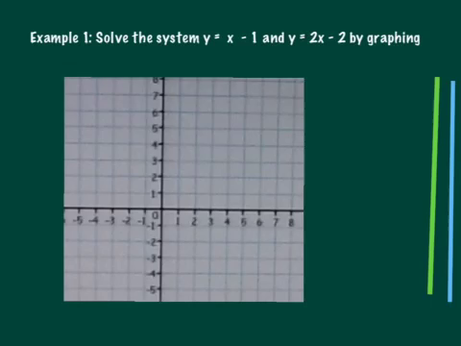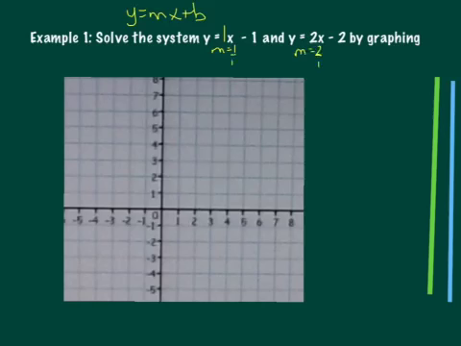So this is already in y equals mx plus b form. So when there's no coefficient, we put a 1 there. So here's our m. And in this second one, we have m equals 2, or 2 over 1.